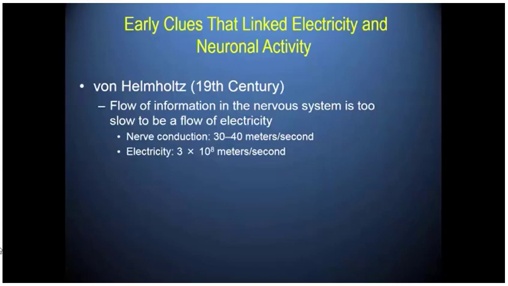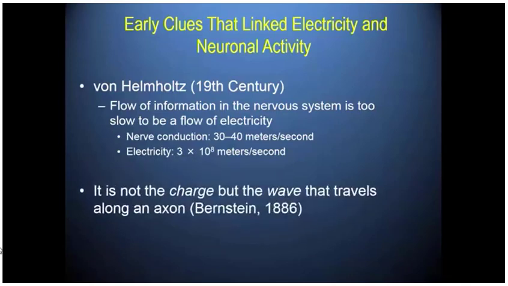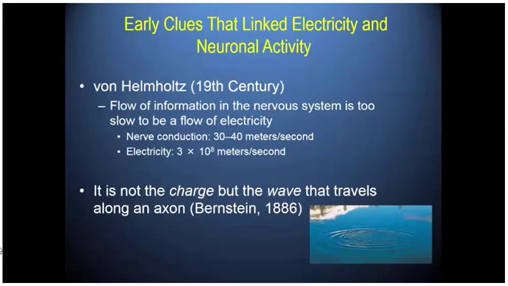However, they did start to measure, and they found that nerve conduction flowed at about 30 to 40 meters per second, which is dramatically slower than electricity, but it still has the properties of an electric wave being passed. So it's not like a bolt or a charge release like lightning or the electricity out of your AC wall plug, but it is a wave that travels down the axon, and that's what we're going to talk about.